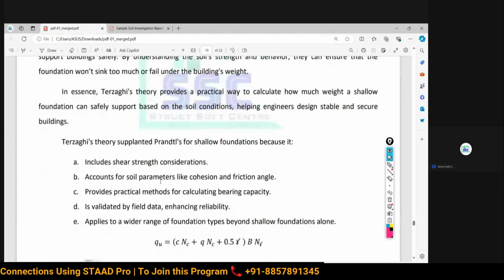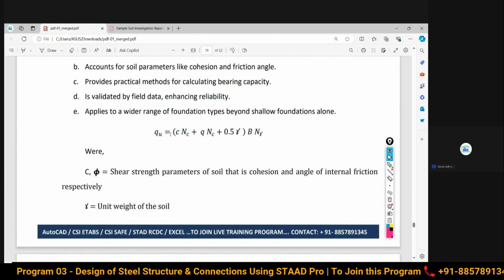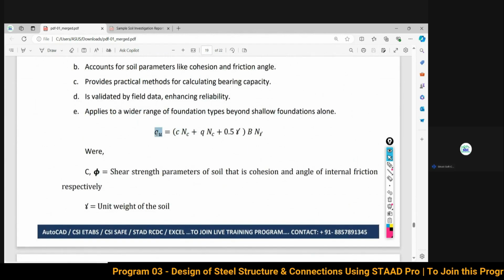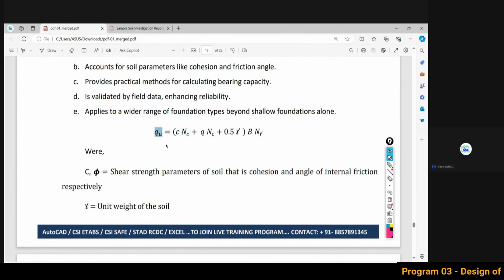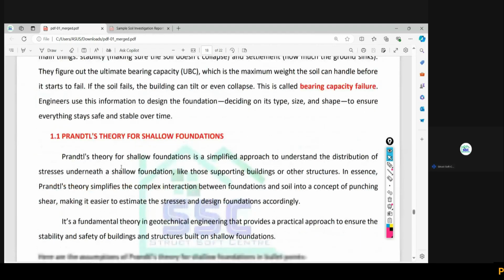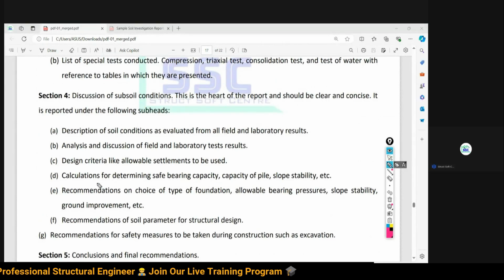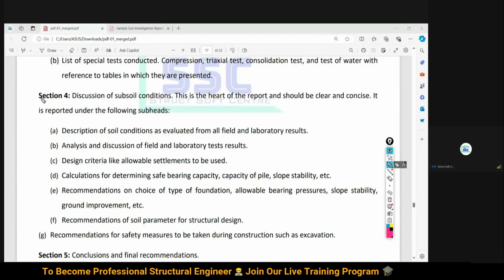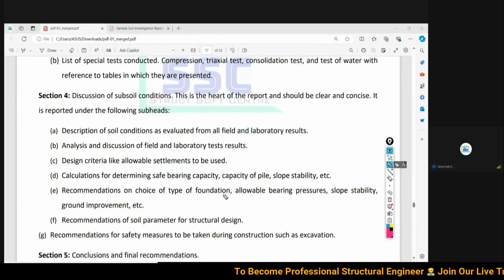So by implementing the equations, and after finding all these parameters, the geotechnical engineer is going to choose any one approach to determine the ultimate load carrying capacity of the soil. What method, what theory they have adopted, and what calculation they have done, everything will be written in their report in a detailed format. In this section 4, they are going to recommend what type of foundation will be more suitable.